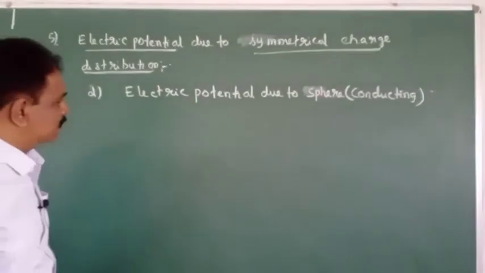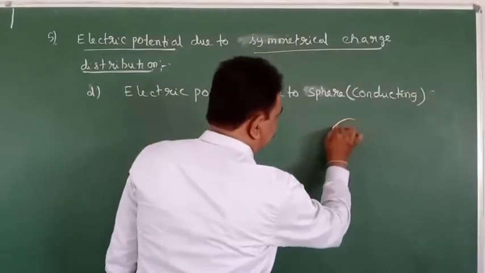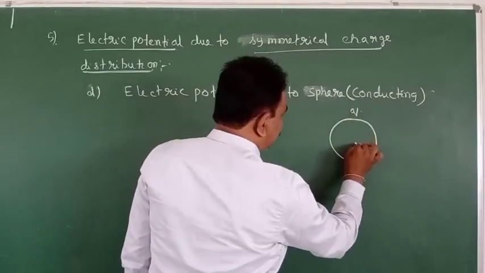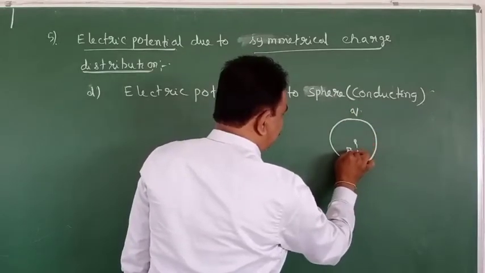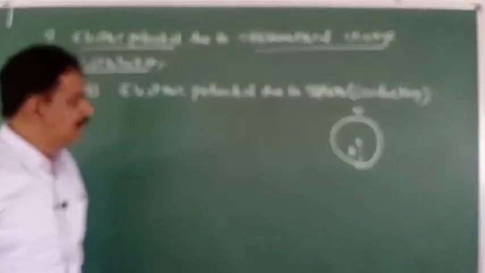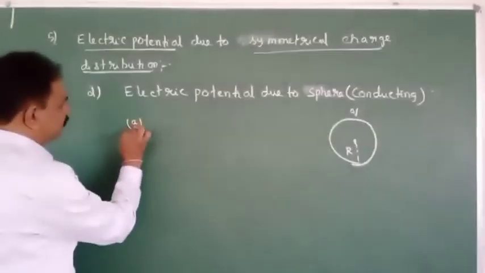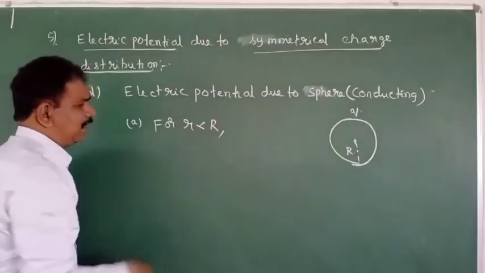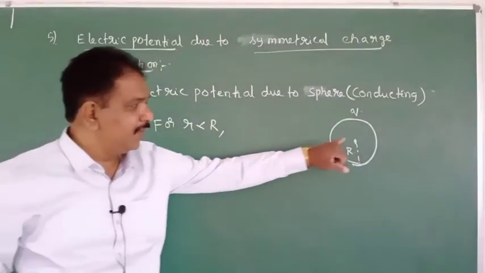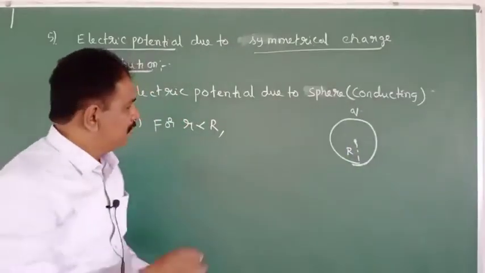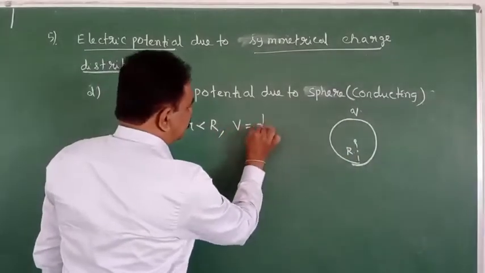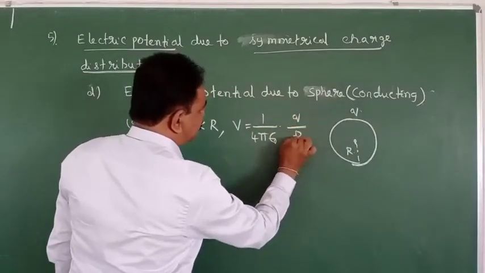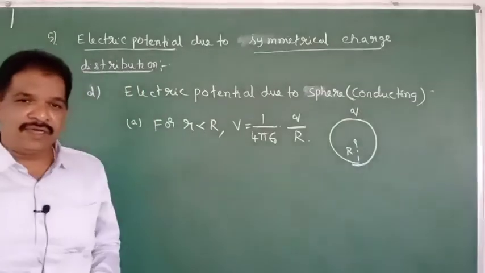If the sphere is conducting, this is the sphere having a charge q. Radius of the sphere is capital R. Then initially, for small r less than R, I am taking a point inside the sphere. The potential there is V is equal to 1 by 4 pi epsilon naught Q by R.